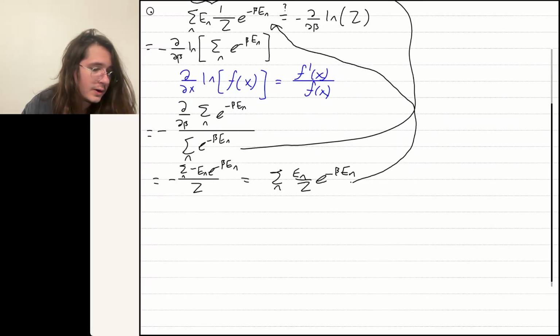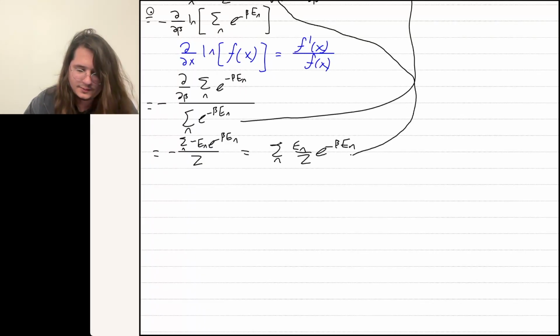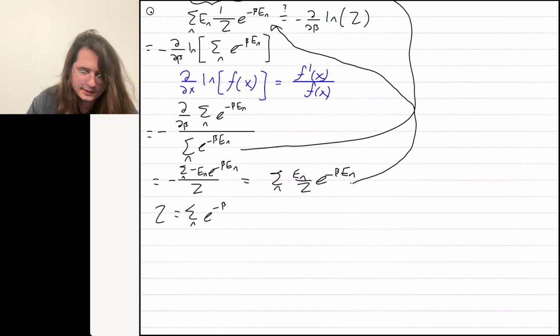And then the next part of the problem is, for a quantum harmonic oscillator, show that the partition function has a specific form. And we're just going to do it. So remember the partition function was the sum on n of e to the minus beta E sub n.